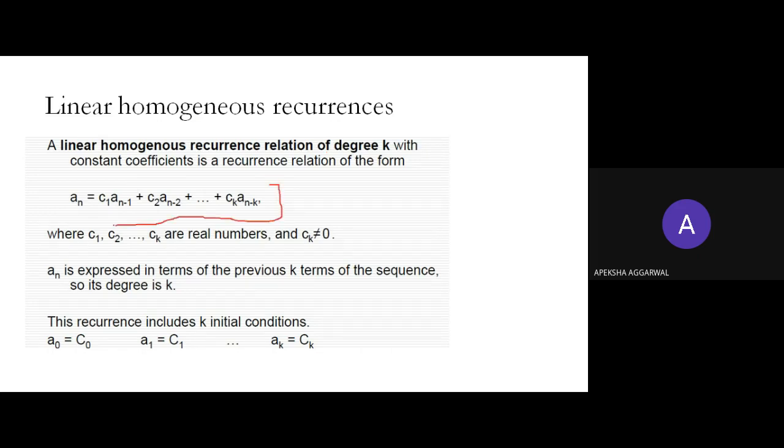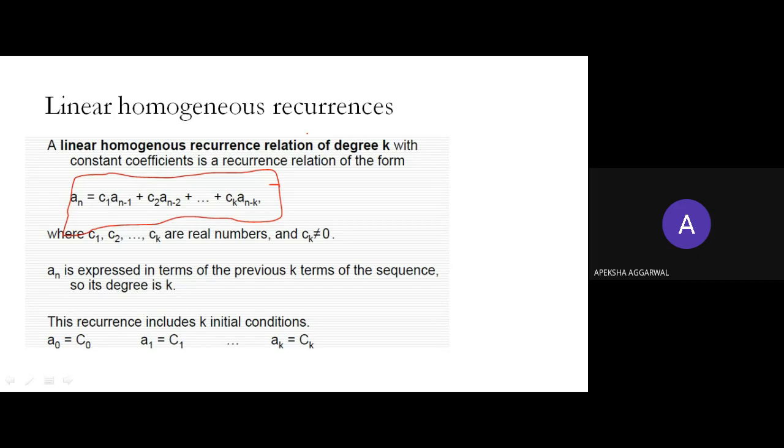If you see this equation, you must tell that this is a linear homogeneous recurrence relation. Linear because you are not having a square, a cube, and so on. And homogeneous because you are not having any constant or any other number added to this equation. You are just having coefficients and previous terms.